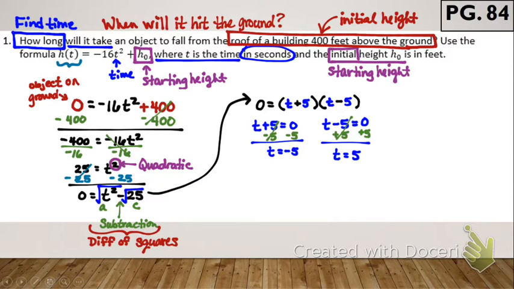Way back here, when we had 25 equals t squared, and Soraya, you said it's going to be 5, right? And I said, almost. We're really close. If you said t equals 5, you would only have one of these answers. You wouldn't have both of these answers. That's why I steered us in a slightly different direction.